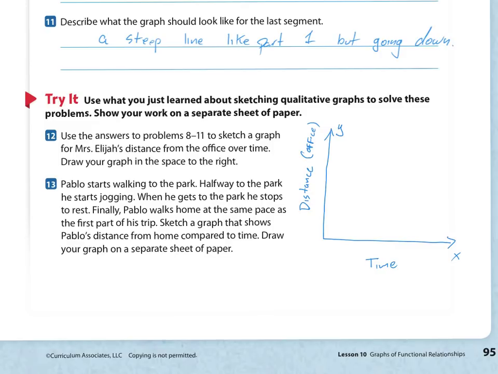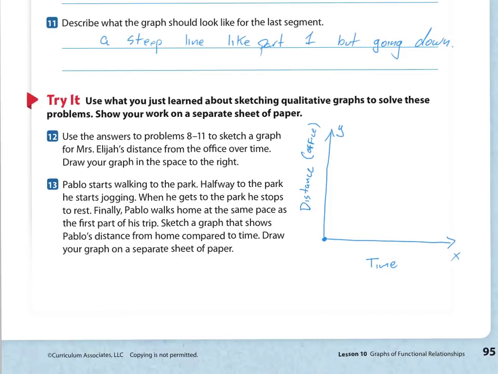Now, the first point is going to be at the origin because, again, she started at the office, so that's going to be the point 0, distance from the office, and time. Then we said that she went quickly, so we're going to go up at a constant rate of change. But then she also had to slow down because people were blocking her way.